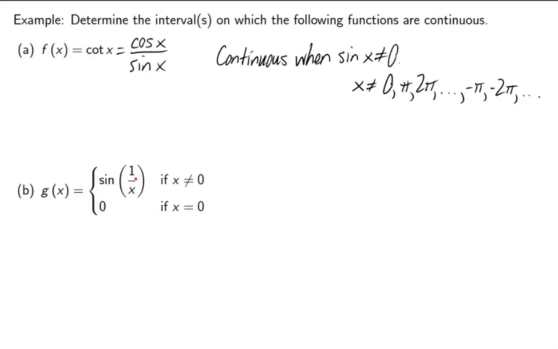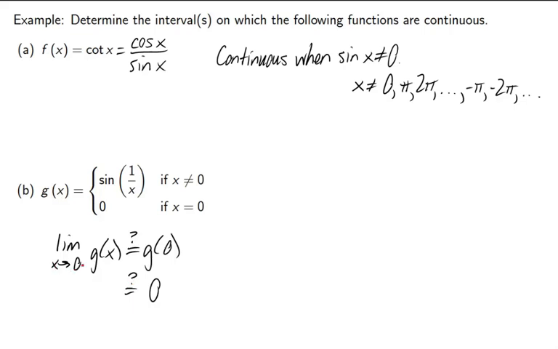Let's think about the limit. For the function to be continuous, this limit as x approaches 0 of g of x would need to equal g of 0 if it's continuous. Let's think about it. g of 0, well, that's just 0 because if x equals 0, then the function value is 0.